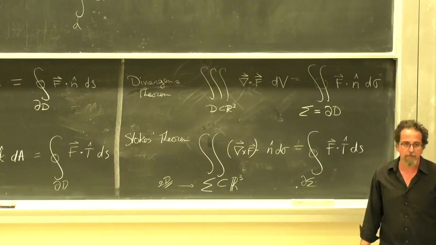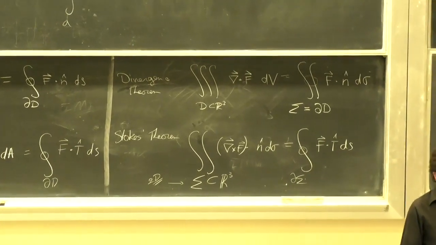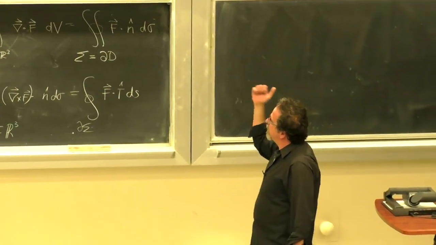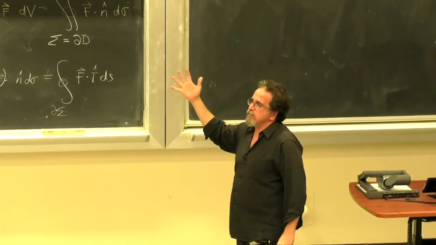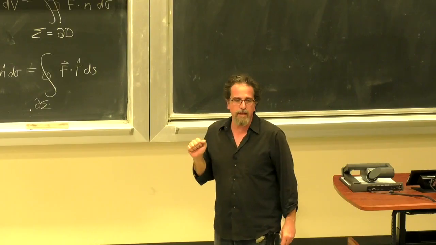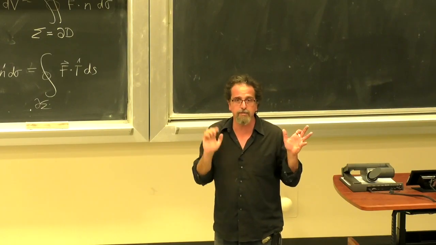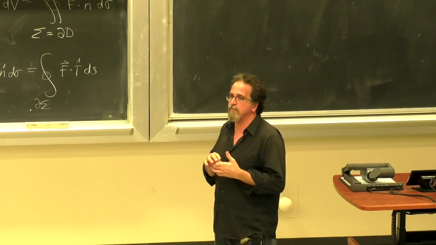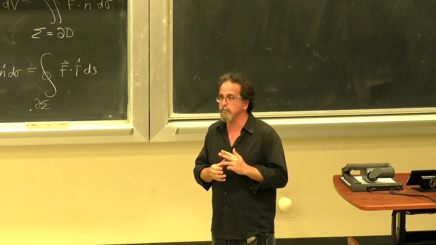Okay, so again, pause. First, I'm gonna flesh this thing out in total detail in a moment, okay? But I want you to just take it all in. All of these theorems are an expression of the fundamental theorem of calculus. The fundamental theorem of calculus is the relationship between integrals and derivatives, okay? And these theorems, Stokes and divergence, generalize those relationships, okay?